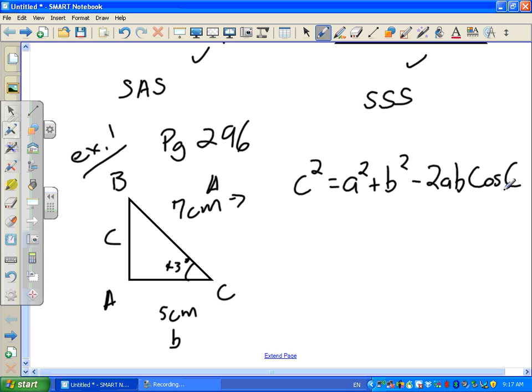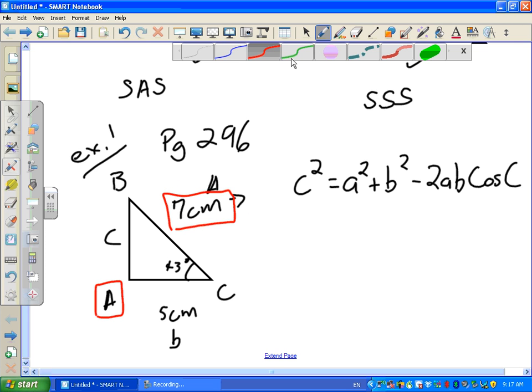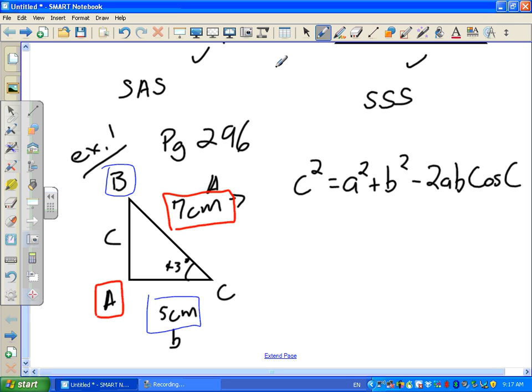Not much to remember. I'm sure we'll do some practice with this. Let's try to color code this a little. We have our side A, angle A, side B, angle B, and side C, angle C. A big thing with cosine law when you set this up: the side that you call C will probably be the side you have an angle to.